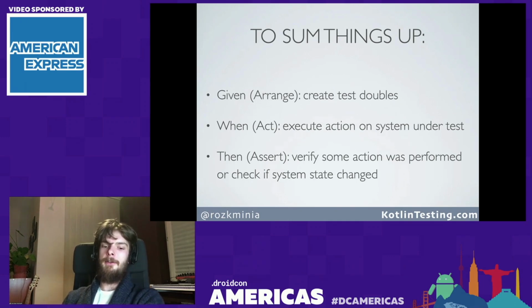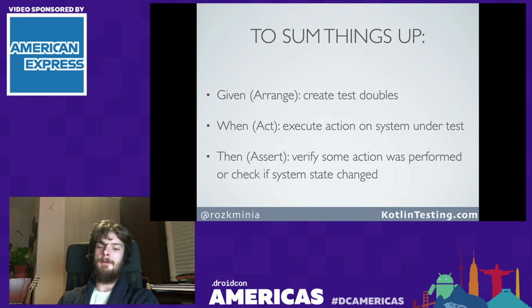In the when section, execute the logic you want to test, and in the end, in the assert section, the then section, verify that your system acts just like you want. Compare the results generated by the system to what you expect those properties to be.